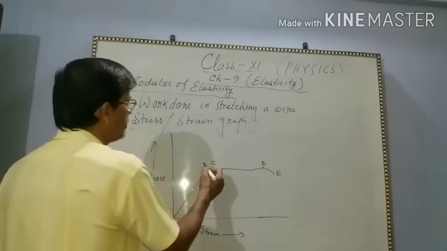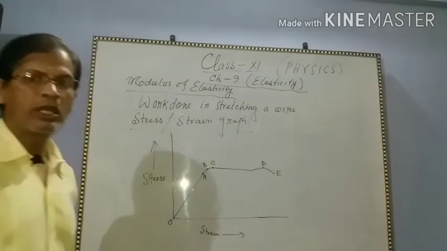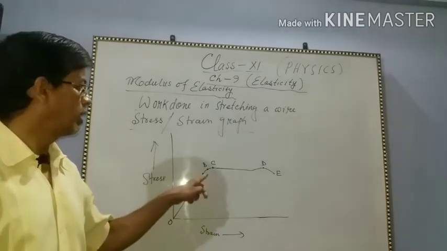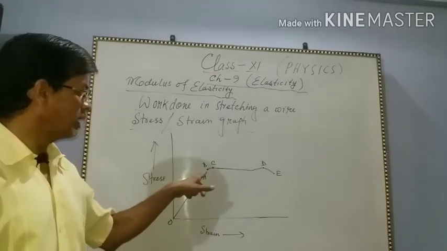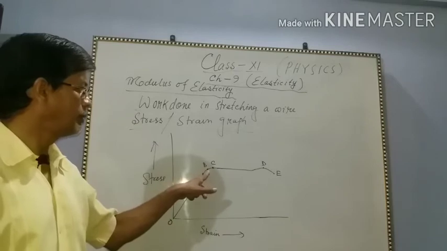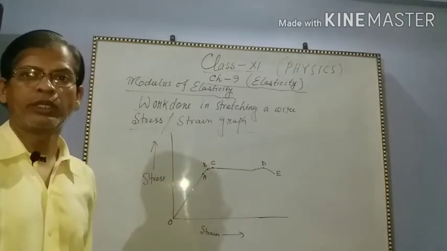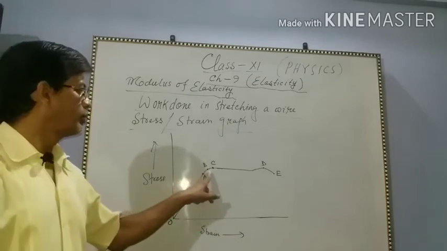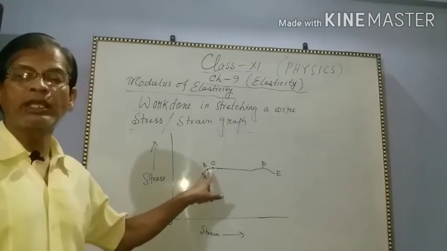Now at point B, if the load is unloaded from the wire, then the graph will be followed by BAO. Clear? And so B is called the elastic limit.